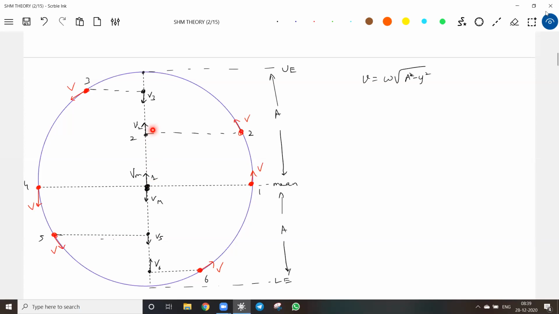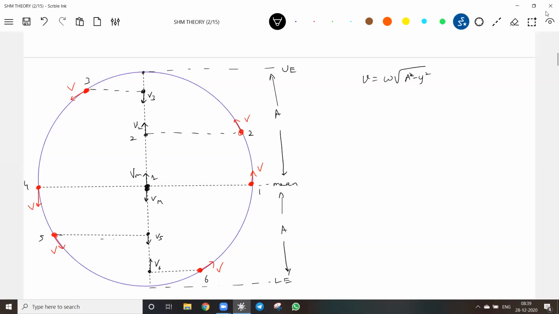Look at now how the acceleration will always be directed towards the mean position. For the particle to describe simple harmonic motion, the basic necessary condition is that the acceleration will always be proportional to the negative of displacement. Fine.